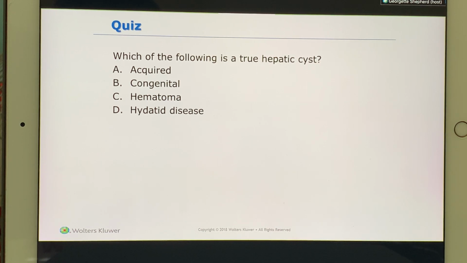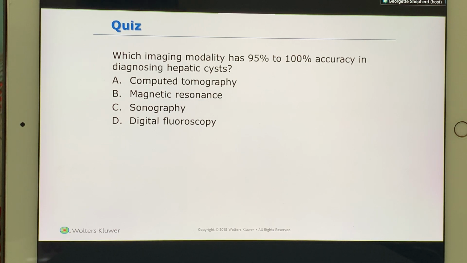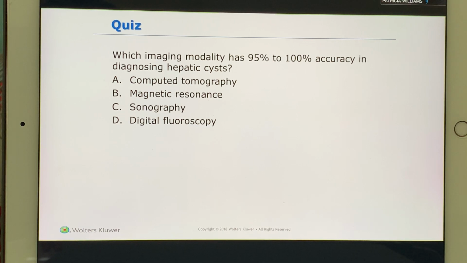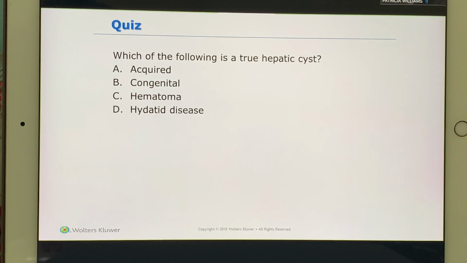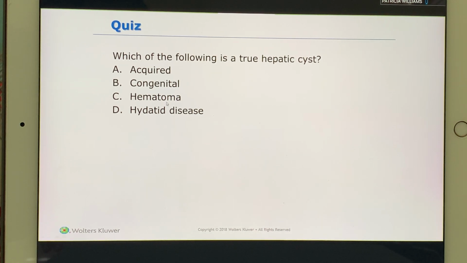Yeah, it's from trauma, and it can have several types of appearances. Isoechoic bleed on the liver? Yes, it's a bleed on the liver. It could be contained, or it could be due to laceration.